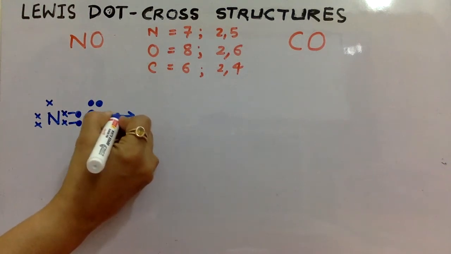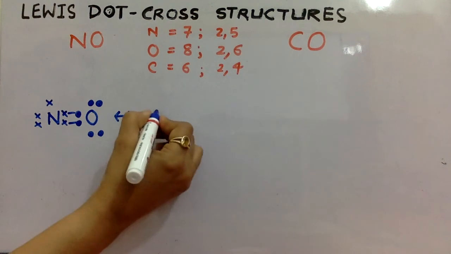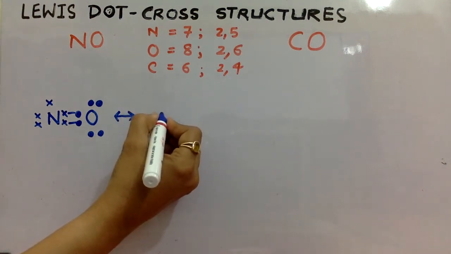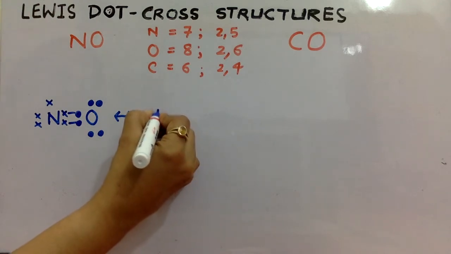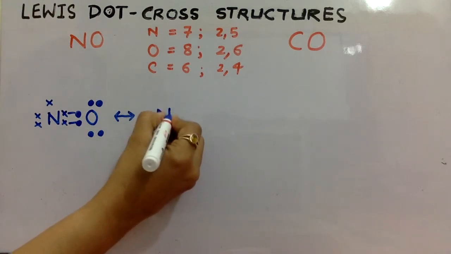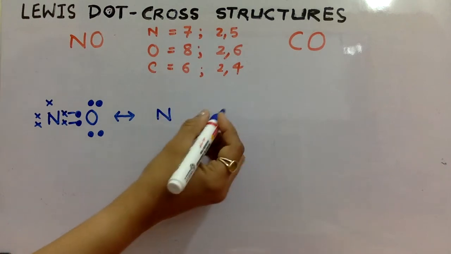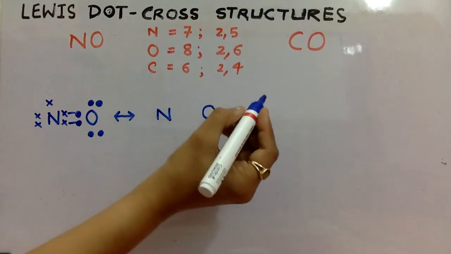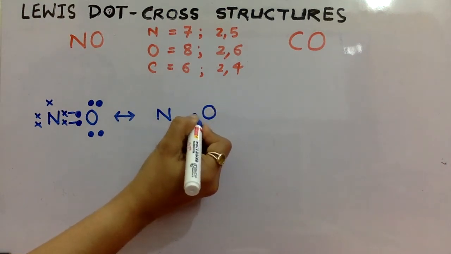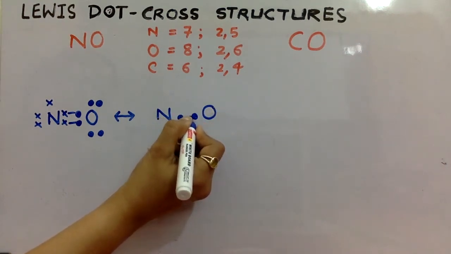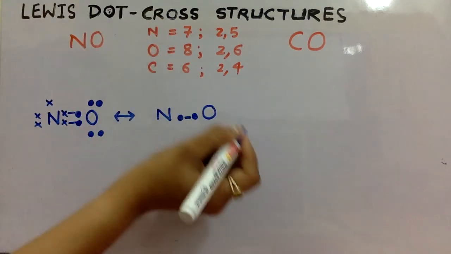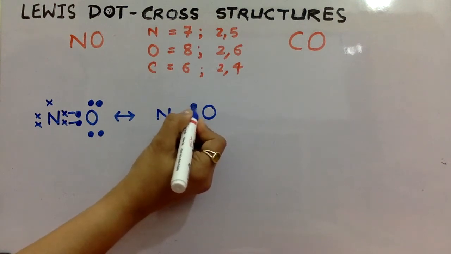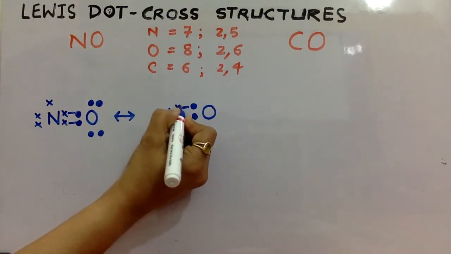This can have a resonating form. See how? N, O. Oxygen can contribute both its electrons instead of one, both given by oxygen in this case. So 2 electrons over, and here 1 it shares with nitrogen.